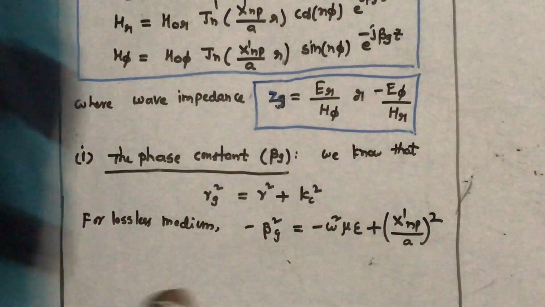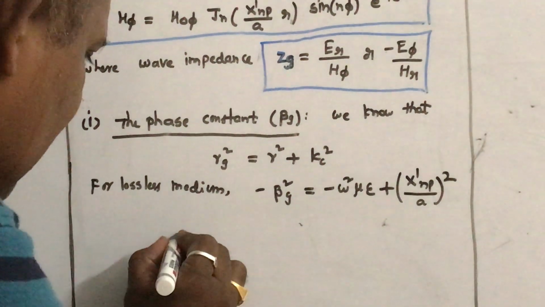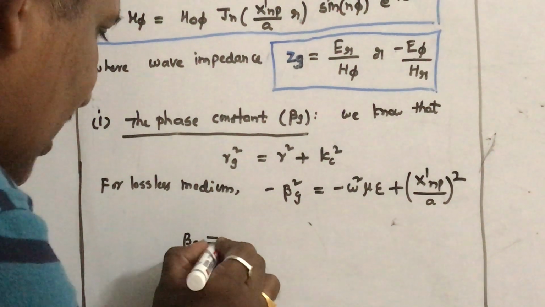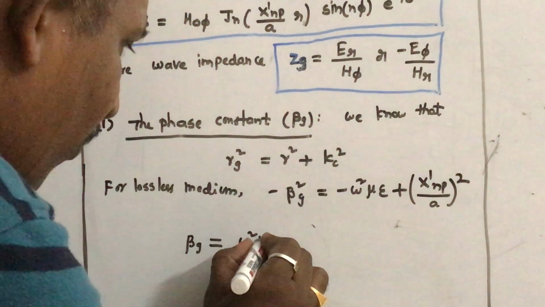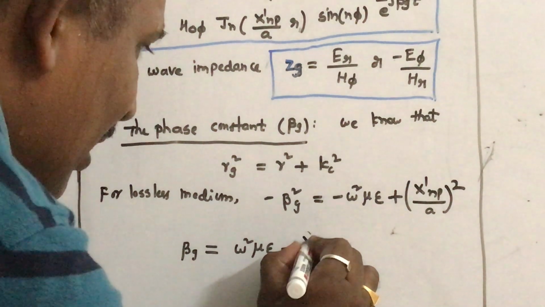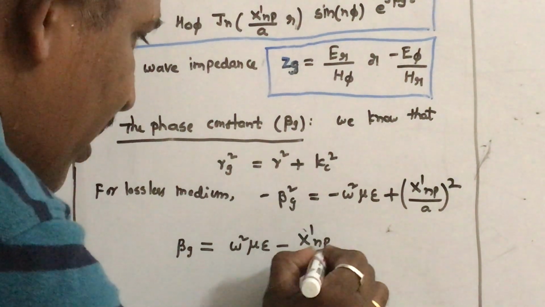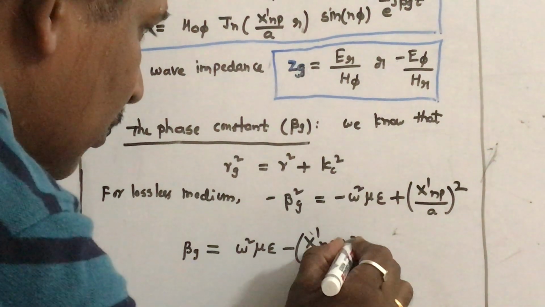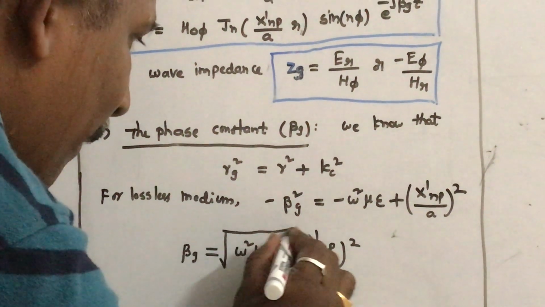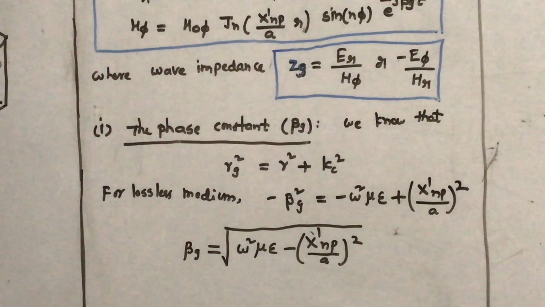So multiply with the minus sign. Therefore beta g, the propagation constant, is written as the square root of omega square mu epsilon minus x dash np by a whole square.